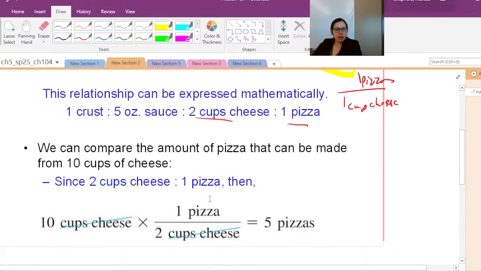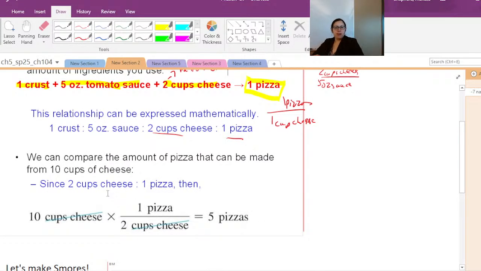And so now we can do basically our conversion factor. So now this example is set up. So now we're saying, okay, here's my recipe, here's my balanced equation. So now how much pizza can we make from 10 cups of cheese? And so now we can set up our ratio. So they set it up for us, right? But go through it on your own.